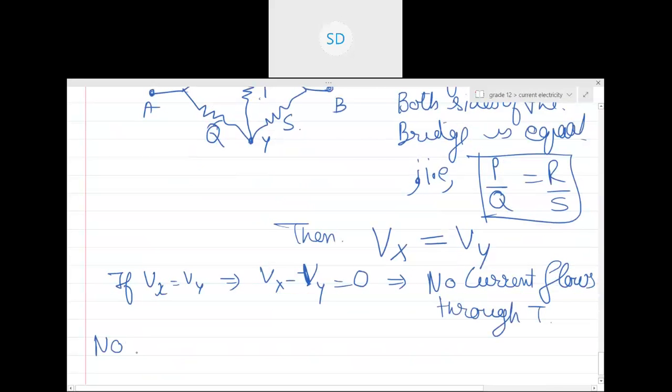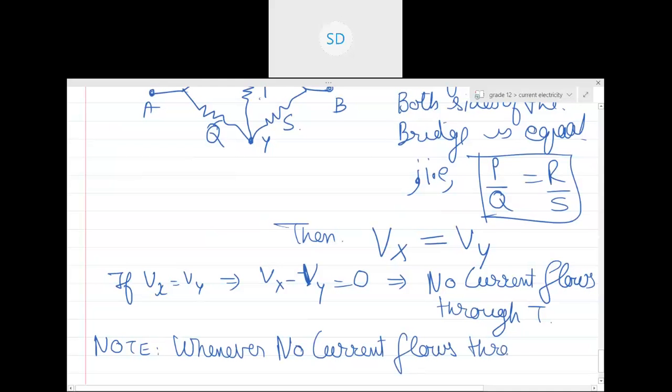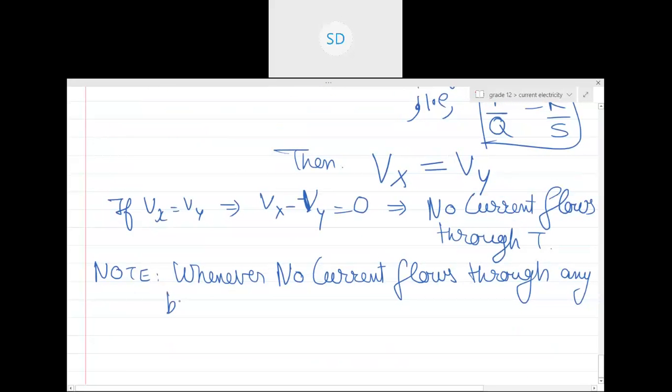Also note, whenever no current flows through any branch, could you explain why Vx will be equal to Vy? We will derive that in the next class, or with this condition we'll derive this.